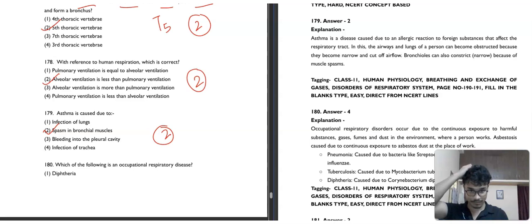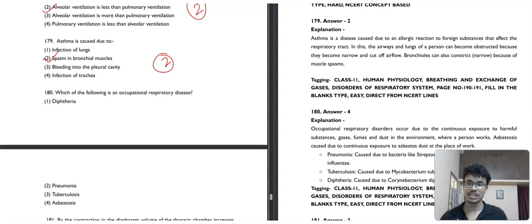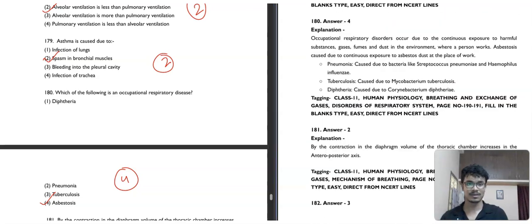Then question number 180. Which of the following is an occupational respiratory disease? What do we mean by occupational respiratory disease? It means a disease that occurs due to continuous exposure to harmful substances. So is it diphtheria, pneumonia, tuberculosis, or asbestosis? Asbestosis is an occupational respiratory disease.